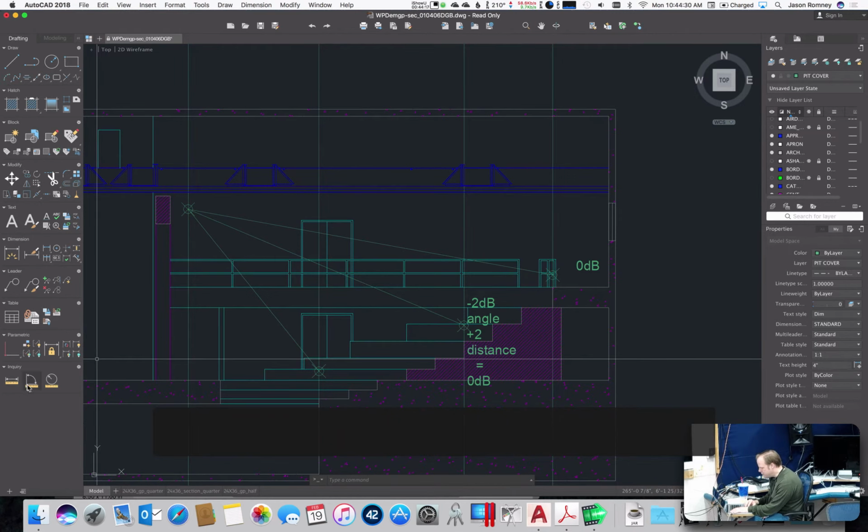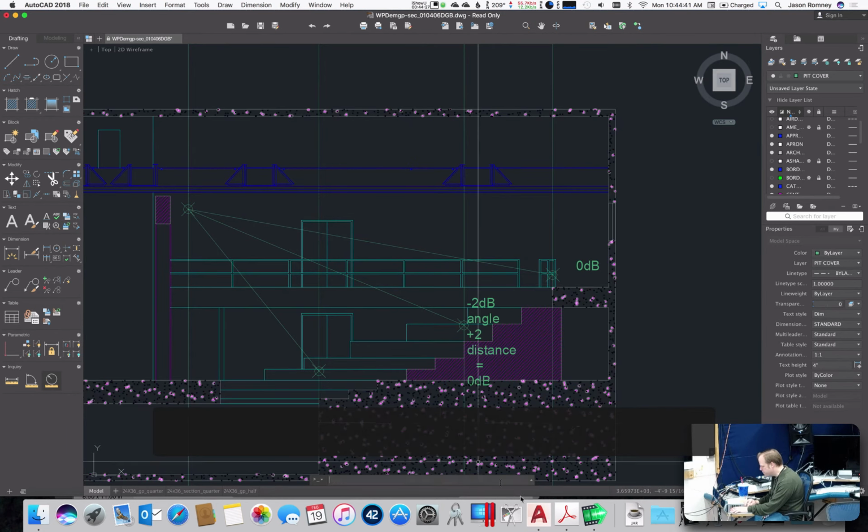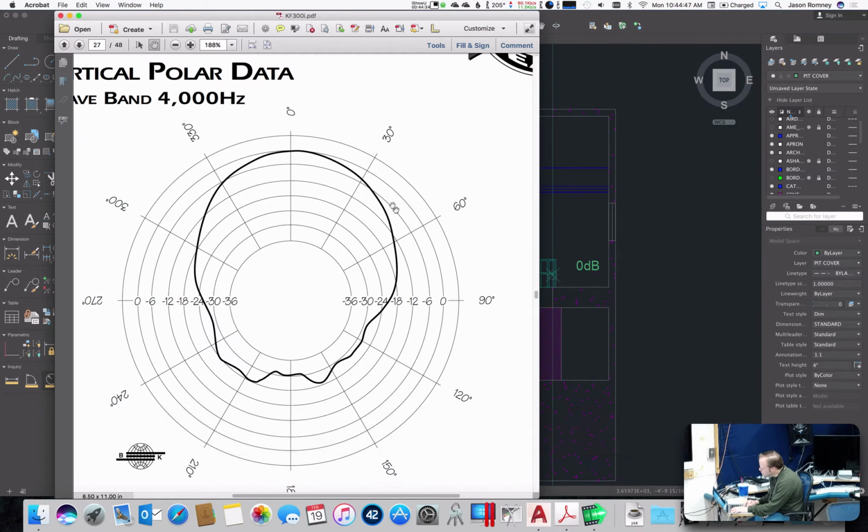Okay, so what's this angle now to the front row? That is 41 degrees. So where's 41 degrees on my polar plot here? Well, there's 30. There's 60, so it's going to be kind of a third of the way, which should be about here. Hey, that's like the 6 dB down point, ish, right?